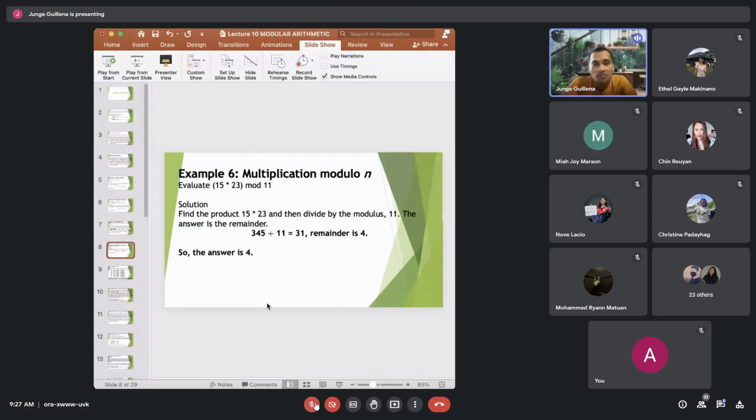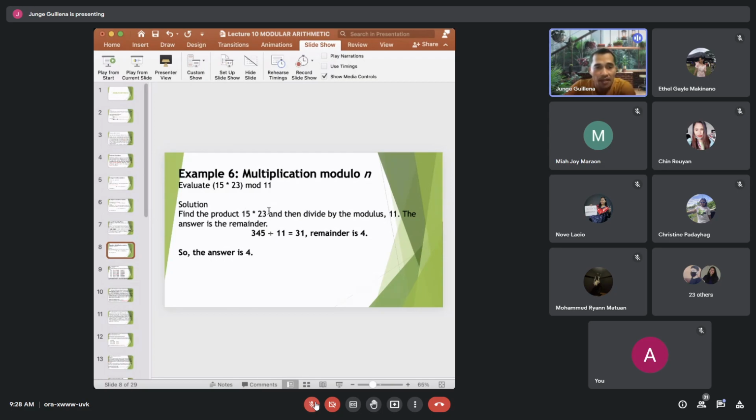Okay, then we have also multiplication modulo n. So in this case, you have to evaluate 15 times 23 modulo 11. So in this case, you have to multiply first, no? So 15 times 23, then whatever the product, you divide that by the modulus. So in this case, our modulus is 11.